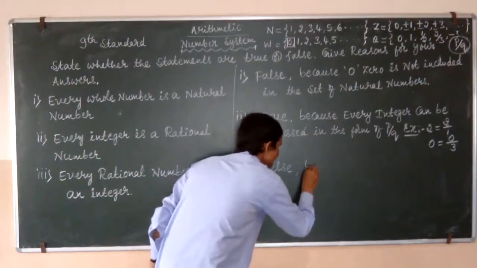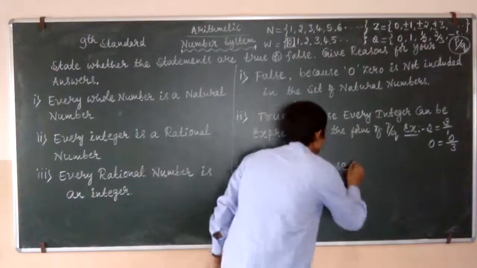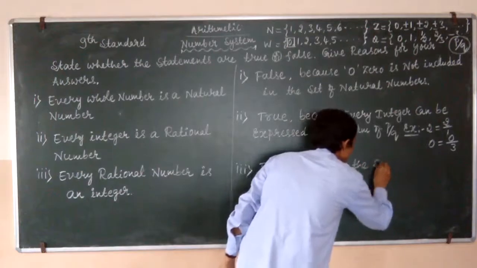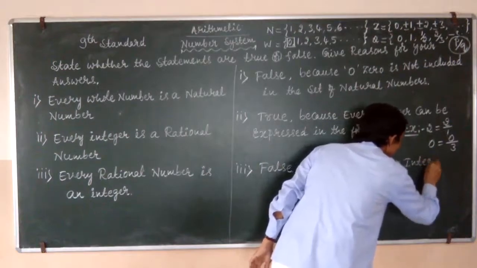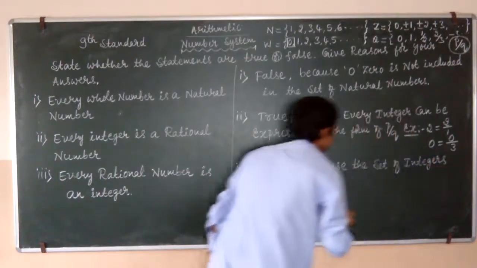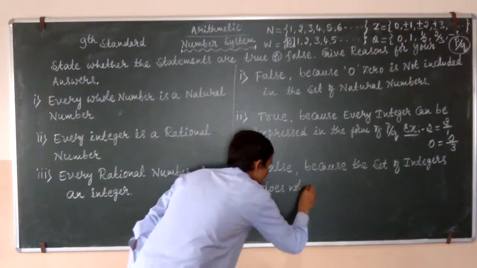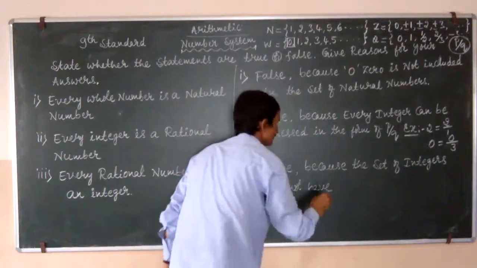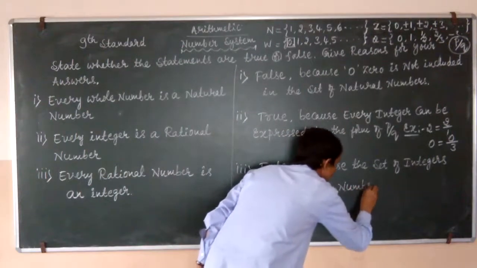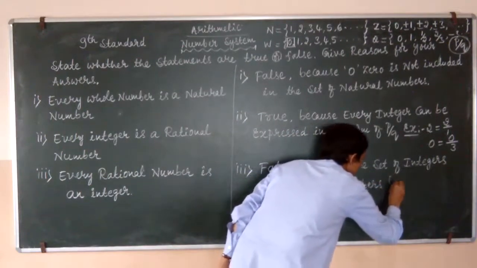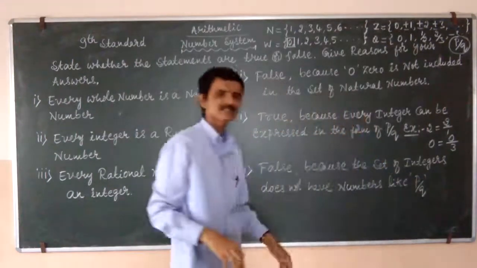The reason is that the set of integers does not have numbers like p by q.